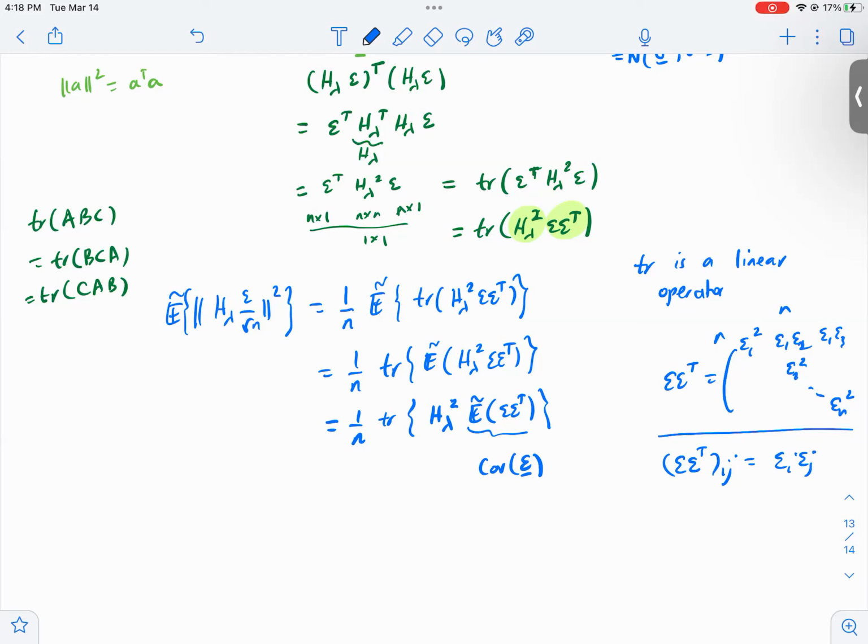This is what the covariance matrix is. In general, whatever the noise, I put a tilde here: this is the conditional covariance of epsilon given the training x's. So we ended up with a nice formula: the trace of h lambda times the covariance of epsilon.